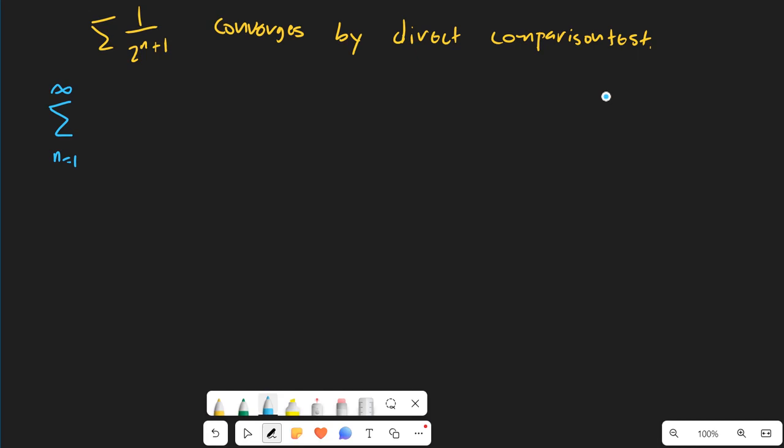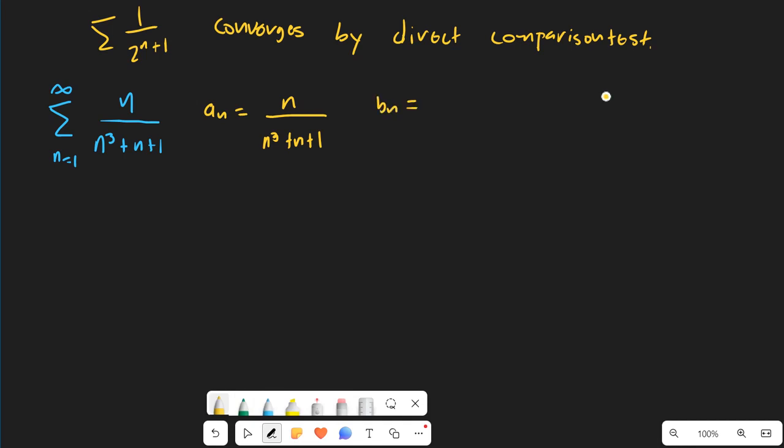And for this one, we could probably just look at n divided by n cubed plus n plus 1. Now here, it's not really too clear what kind of comparison we can make. But I do know that an is n over n cubed plus n plus 1. So what would bn be?